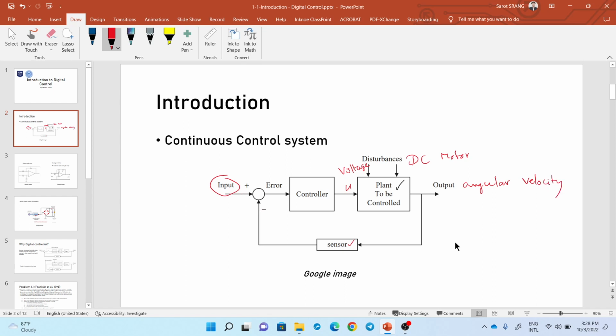Okay. So you have all the mathematical modeling and formulation for controller. Then you can do a simulation using some numerical method.